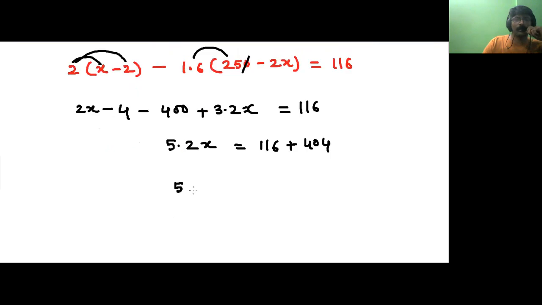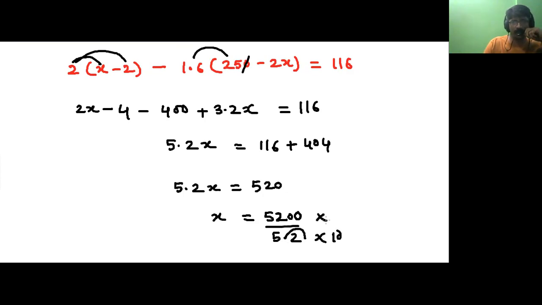So 5.2x is equal to 520. Now how to get rid of this decimal? Nothing is required, just do substitution and then shift the decimal. If you shift one dot over here, you'll have to shift one dot over here too. Or you can multiply by 10 on both the numerator and the denominator. Whatever suits you, you can do that. I hope you understood.